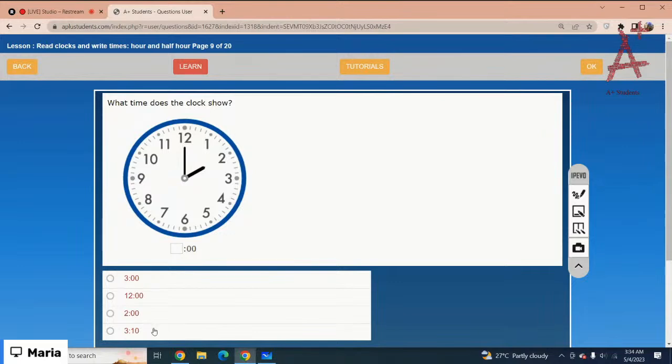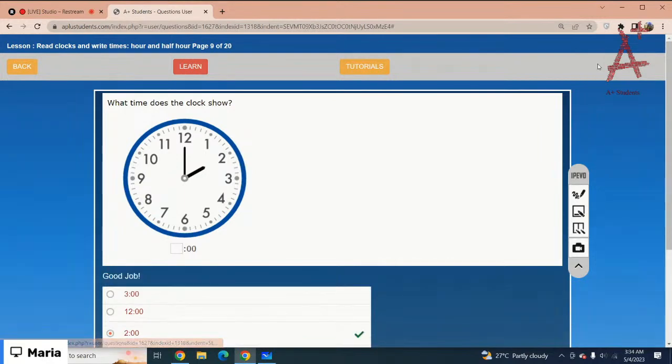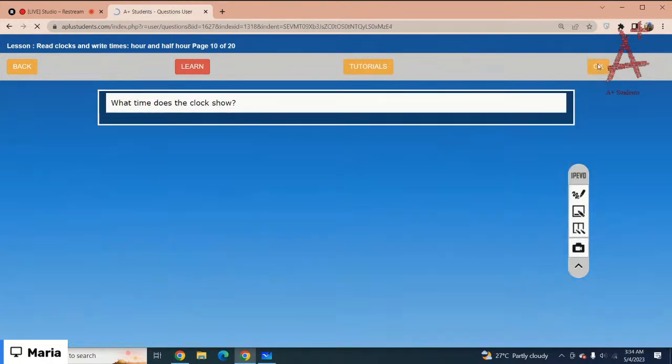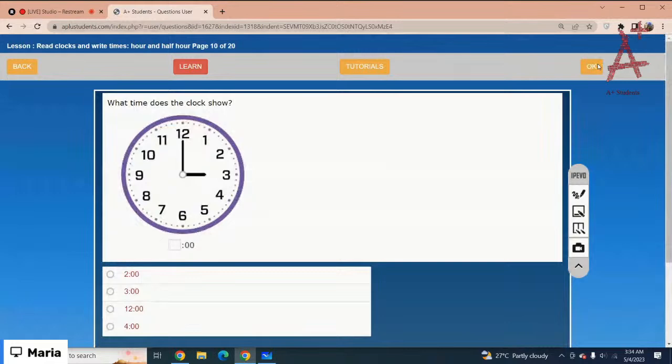Yes, it would be 2 o'clock. What time does the clock show? Yes, it would be 3 o'clock.